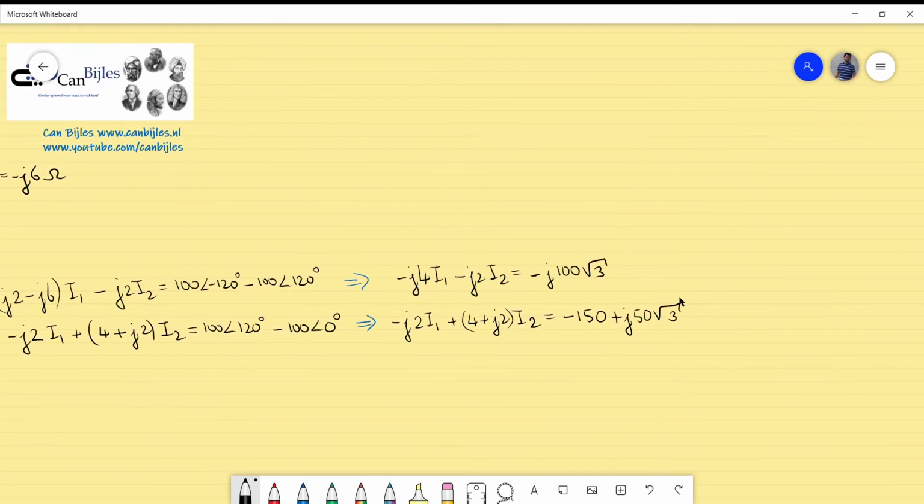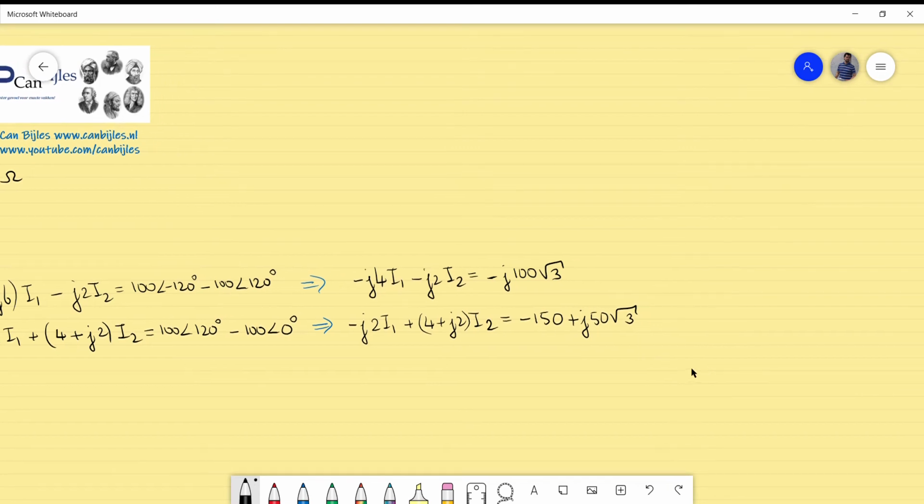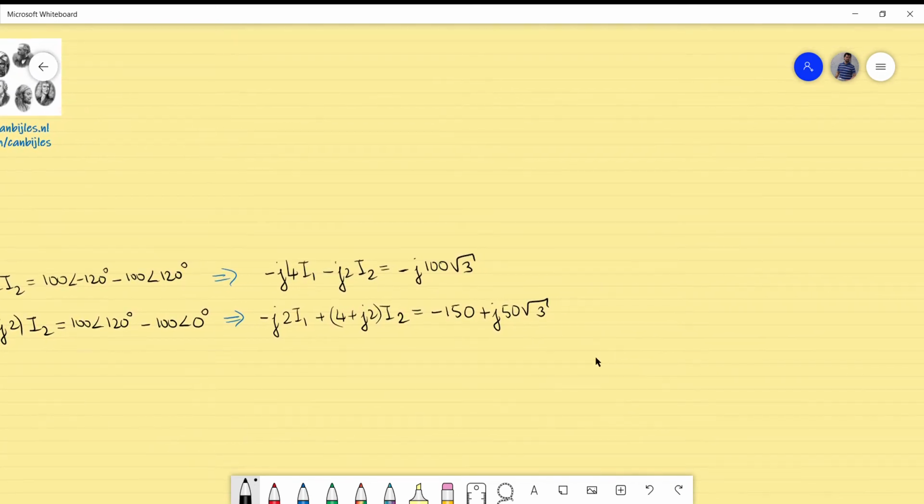Okay, now I will use these equations and carry out the analysis to calculate I1 and I2. From that I can calculate the line currents and of course the other unknowns in this analysis. What I first would like to do is simplify equation number 1, because I have minus j in all of the equations. This is a 2, so I can divide by minus j and I have a simplified expression.